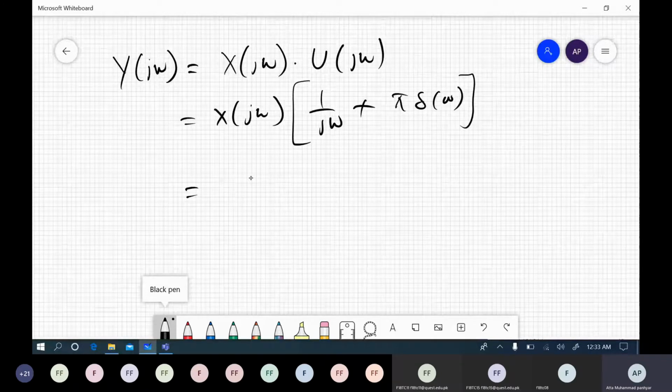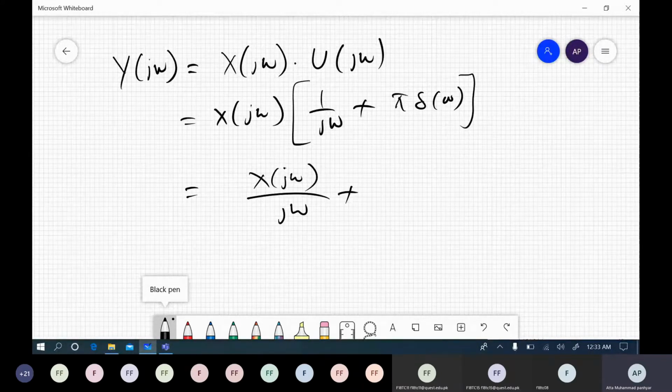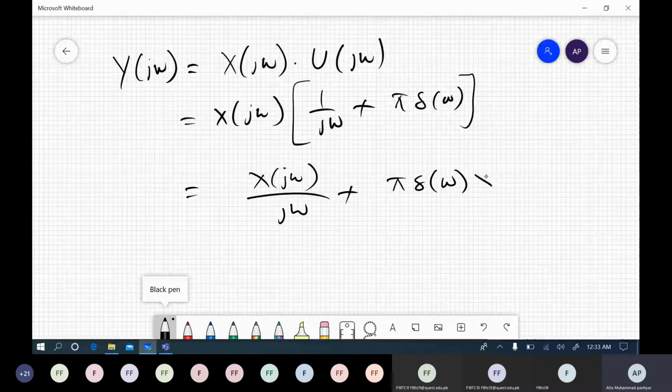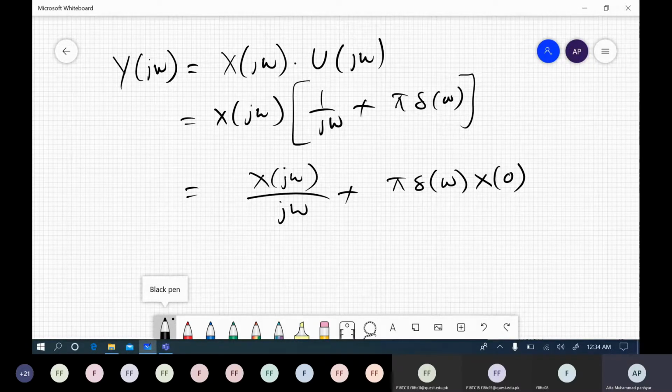Solving it, X of j omega over j omega plus pi delta omega times X of 0, right? Can I do that? Why? Because you can see delta omega only exists when omega is 0, so I have written directly with X of 0.